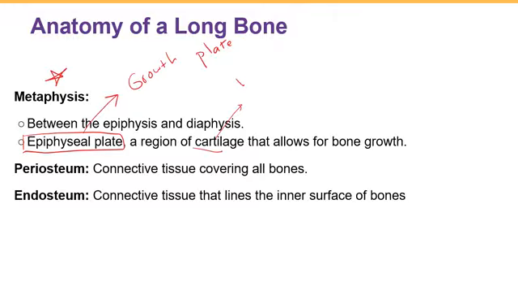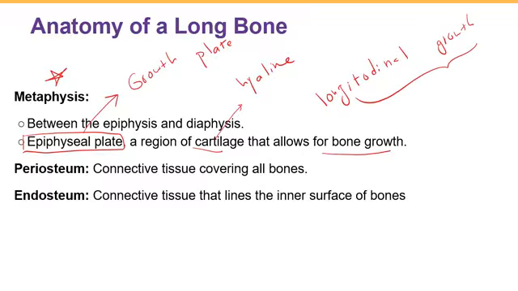What type of cartilage? It's made up of hyaline cartilage, which allows for bone growth. It grows in the length, or we call this longitudinal growth, which means growth in the length of the bone.